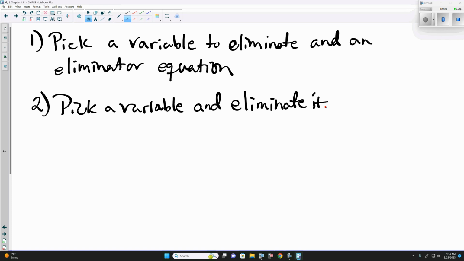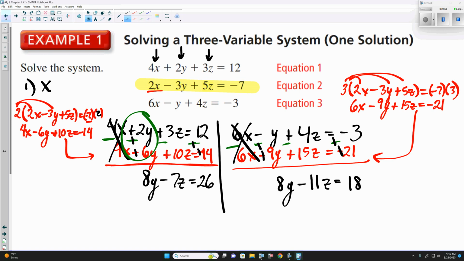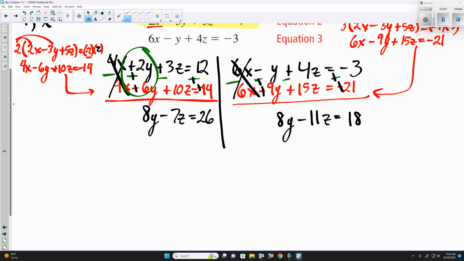Essentially what we just did. But the only difference is we don't have an equation we're going to use to eliminate it from. So essentially we're doing almost exactly what we just did on the first step without an eliminator equation. Now, just like we did with x, because we looked for one that would be easy to make the 2 be the same, we do the same thing here.